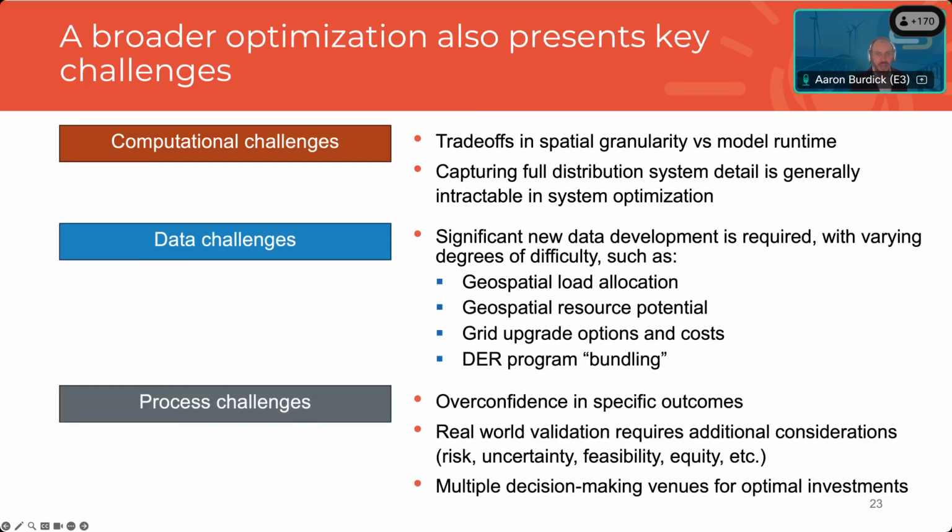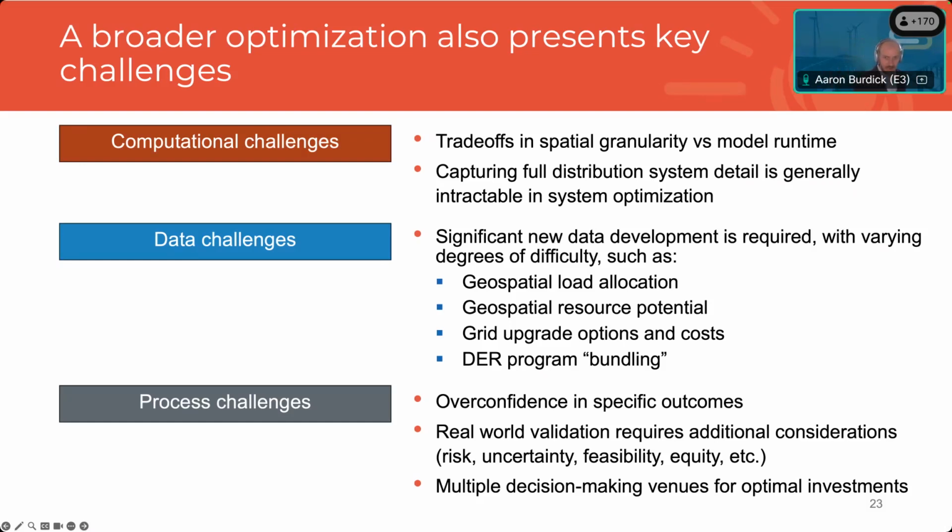And on the data side, there is significant new data development that is required with varying degrees of difficulty. So you have more geospatial data that has to be developed on loads and resources. You have to develop new options for grid upgrades if you want the model to be able to optimize those. So those include looking at both the technical capabilities of upgrades as well as their costs and feasibility screens.